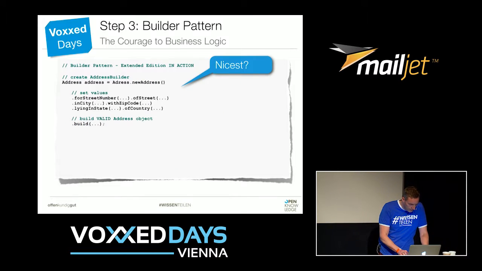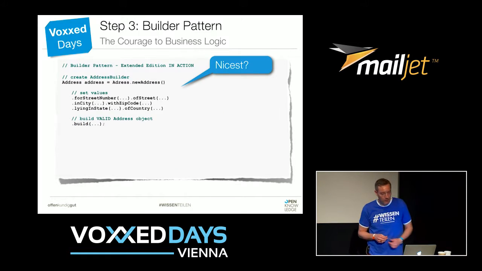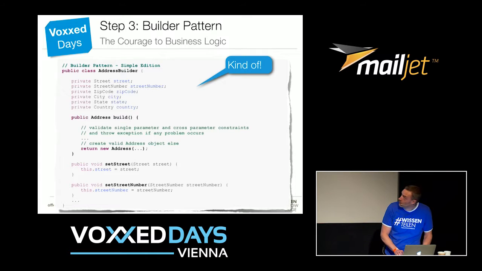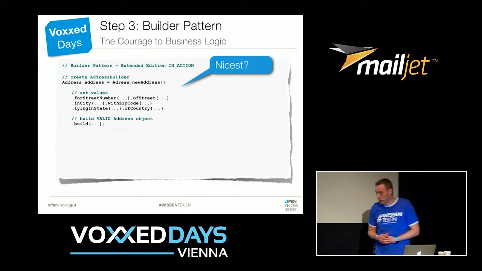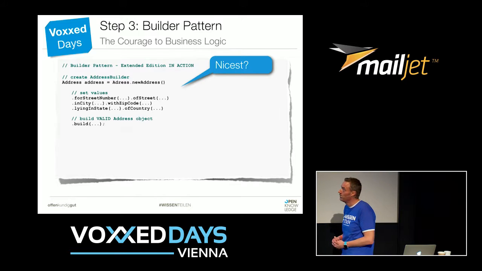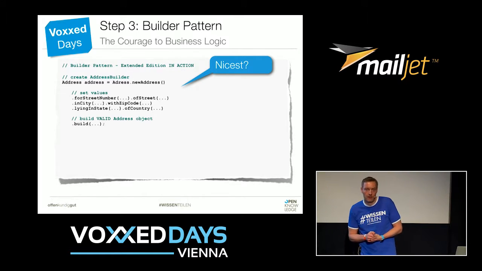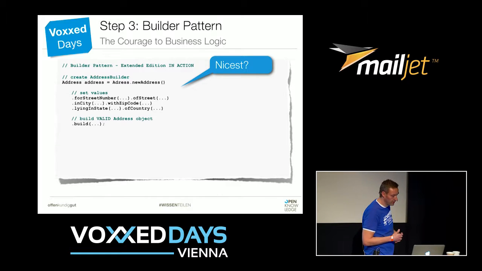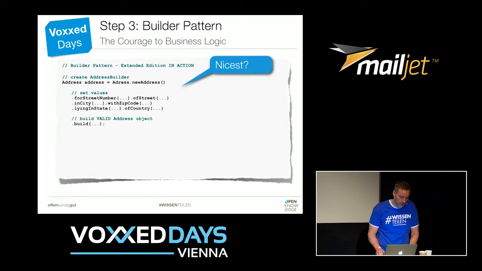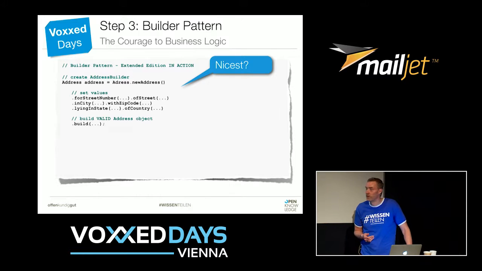Because the problem about a syntax like this is that several frameworks need setters, like JSF and other frameworks. And this is also the reason why a lot of people use this anemic domain model, because we need the setters for our frameworks.